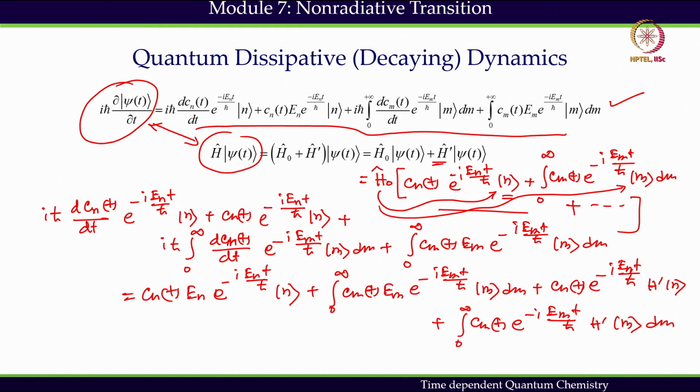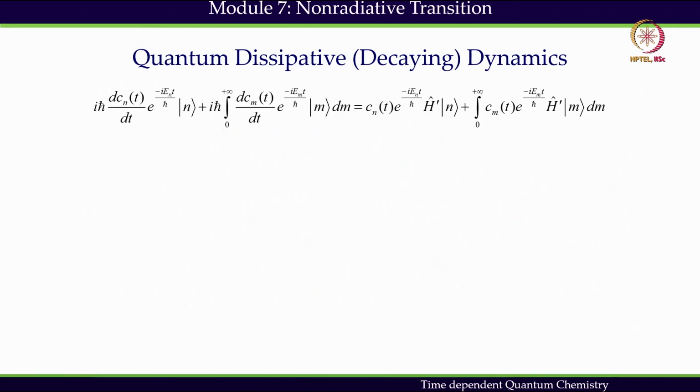This Em term will be cancelling out, and this term, where I had another term En, will also cancel out. So finally what I get is this expression.